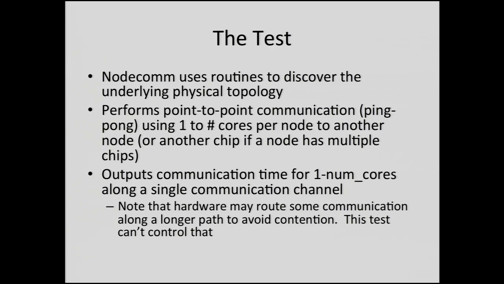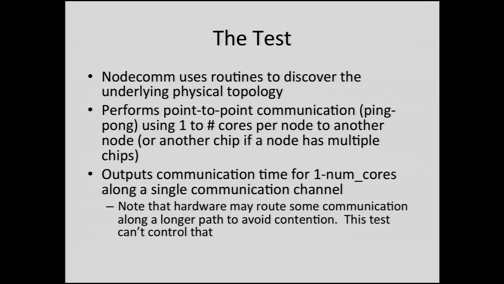So I wrote another little test that uses some non-standard routines to find out about the physical topology. It discovers processes that are on the same node and processes that are on another node, maybe in the same direction, say one hop away.